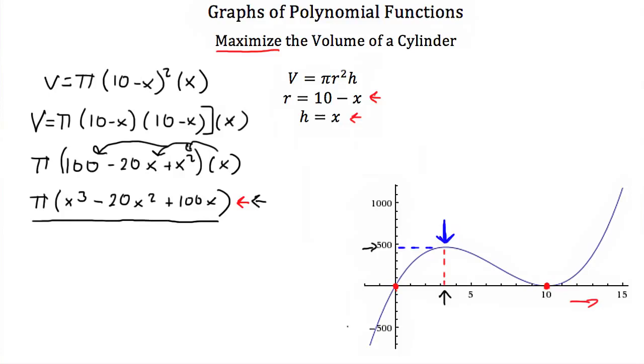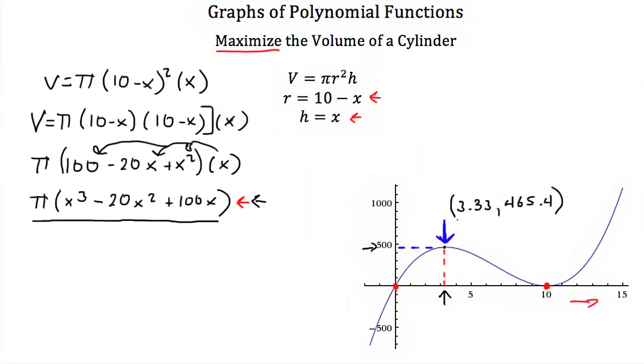So if you use the graphing calculator or some sort of graphing software or whatever, you could find the coordinates of this point. Whatever you use to graph this, if you use it to find this point, you would find that this point has the coordinates 3.33 and 465.4.